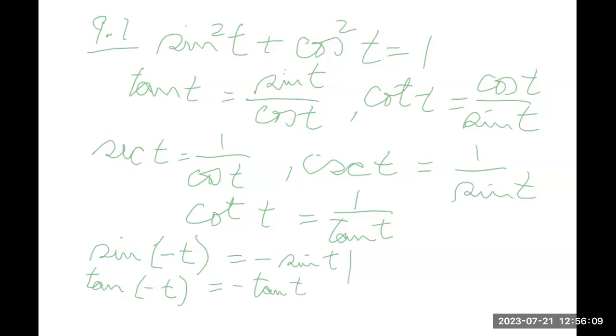Cosine, however, is what's called an even function, and that means when you change the sign of the angle, the value of the function remains unchanged. Cosine of negative t is the same as cosine of t.